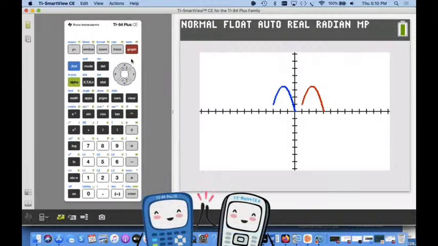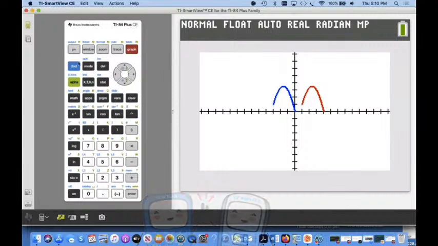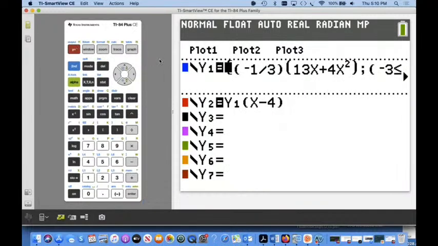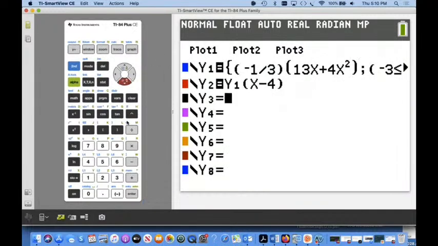Okay, let's do maybe just one more, and then I'll turn it back to Steve. Go back to y equals. This time we'll use y3. Maybe do one of the ones that was a little bit more involved. Part F was quite a bit.